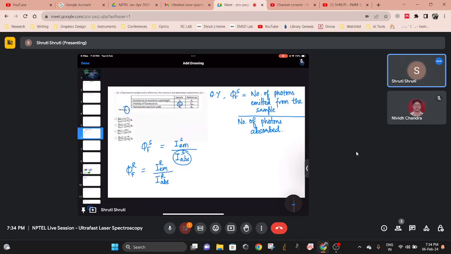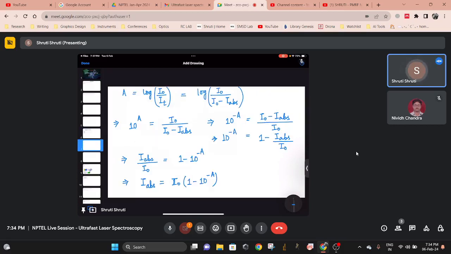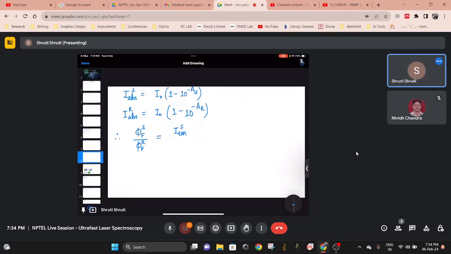as we wrote here, emission intensity divided by absorption intensity. So it will be divided by, and for the reference it will be reciprocal. Now plug in the value of intensity of absorption which we calculated.